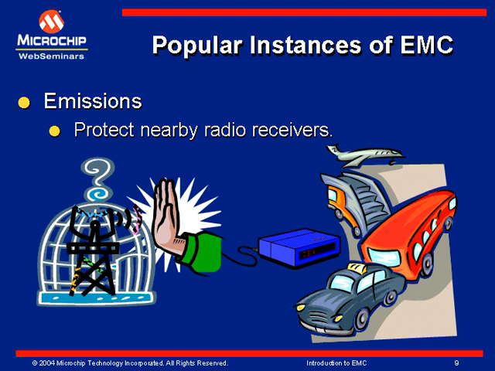Now, EMC is such a broad term, so let us look at some of the popular instances of EMC. The first one is called emissions. Here the intent is to protect nearby receivers. In this particular example, we have one transmitter, and that may be an unintended transmitter, and that's causing interference with other objects, like in this case some automotive examples, as well as test equipment and possibly an aircraft.